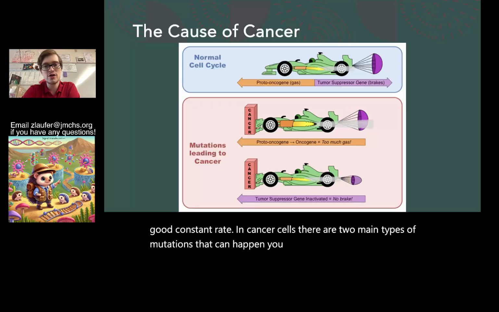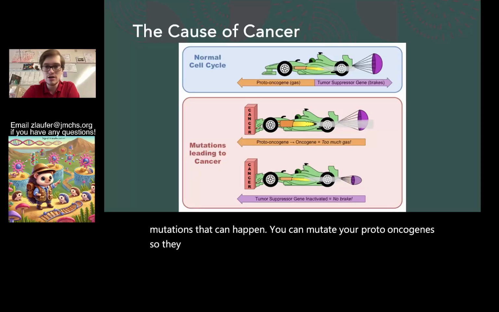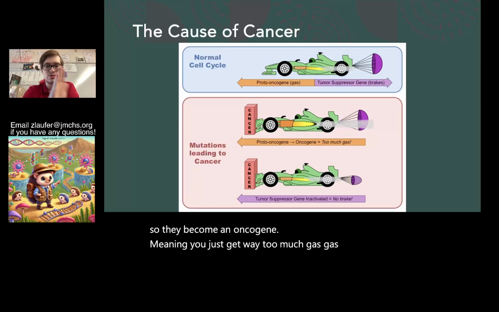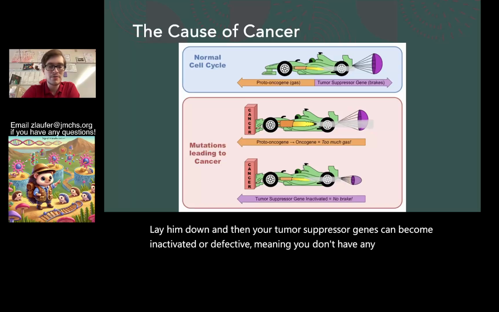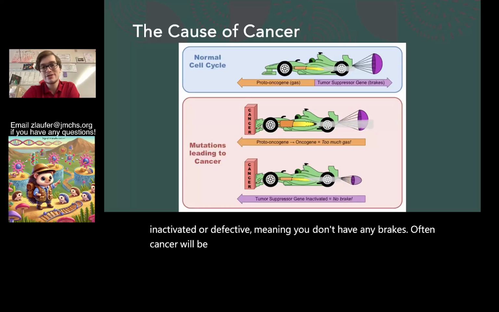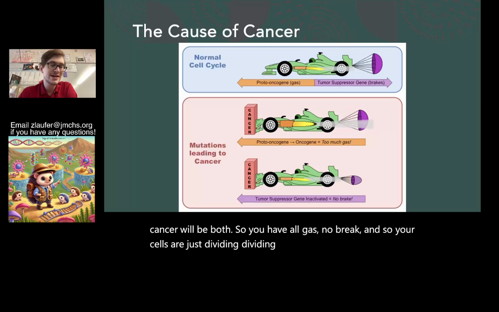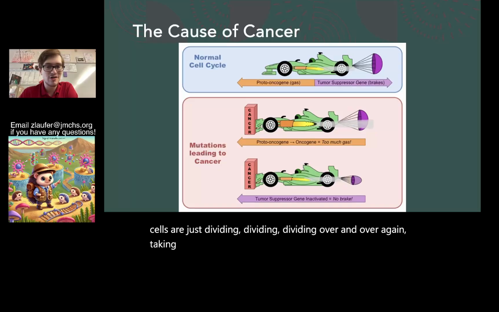You can mutate your proto-oncogenes so they become an oncogene, meaning you just get way too much gas, pedal stuck slammed down. And then your tumor suppressor genes can become inactivated or defective, meaning you don't have any brakes. Often cancer will be both. So you have all gas, no brake, and so your cells are just dividing over and over again, taking up resources, space, all of that, which is very, very bad.